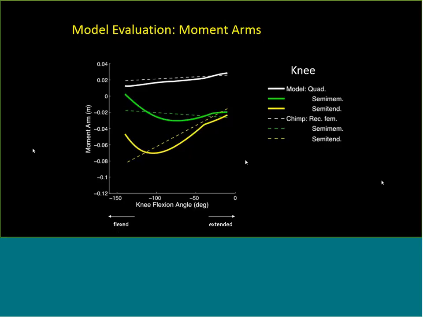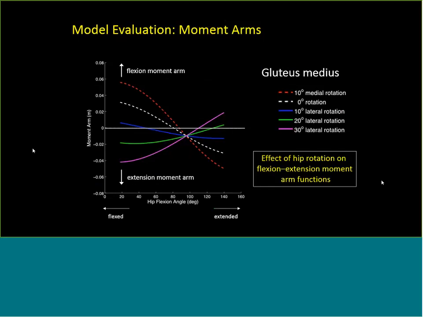Another aspect of moment arms that we were very interested in, and did a fairly thorough analysis on that you can find in the paper, was the effects when you have a spherical joint like the hip of changing one joint angle on the moment arm about another joint axis. And so what this graph shows you is the flexion and extension moment arm of a particular muscle, again, the gluteus medius, as you flex and extend the hip joint.